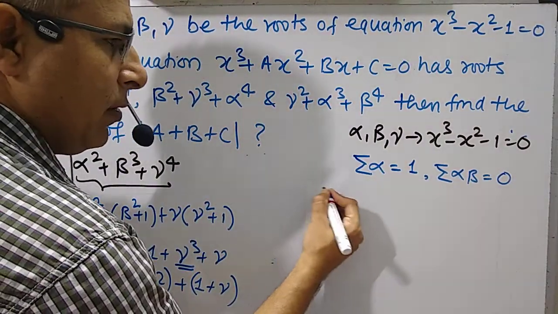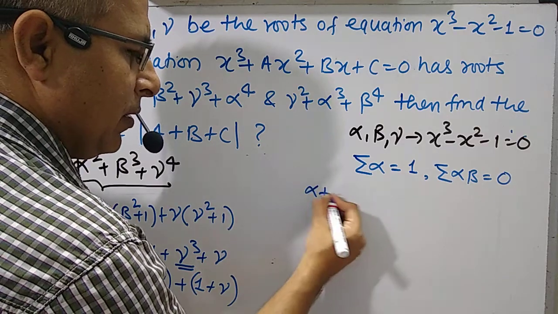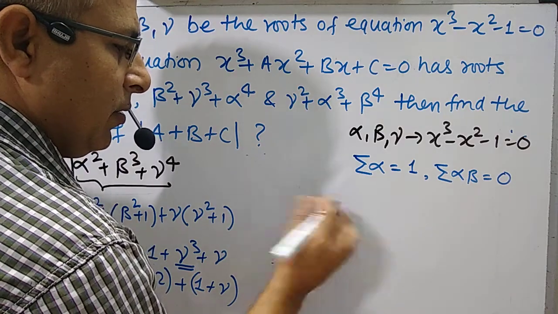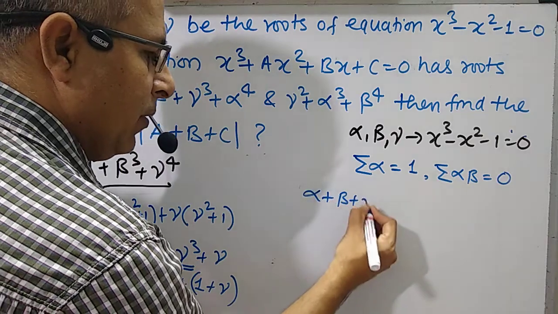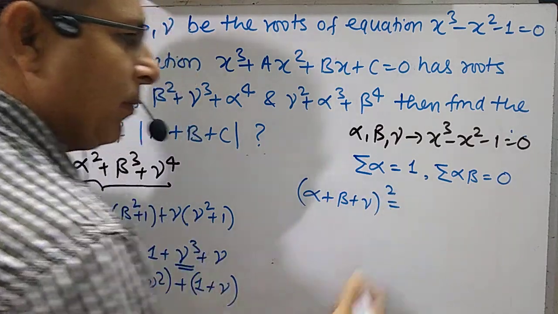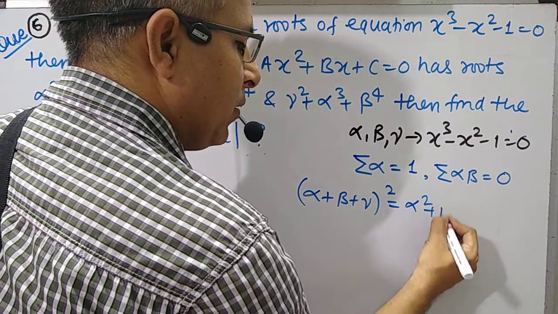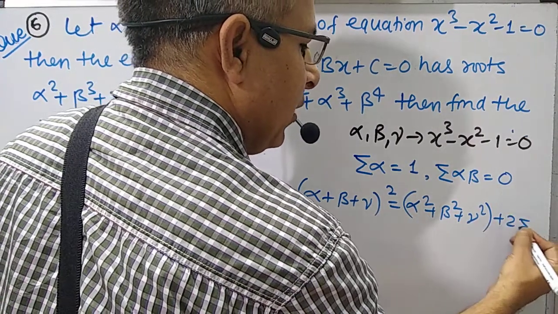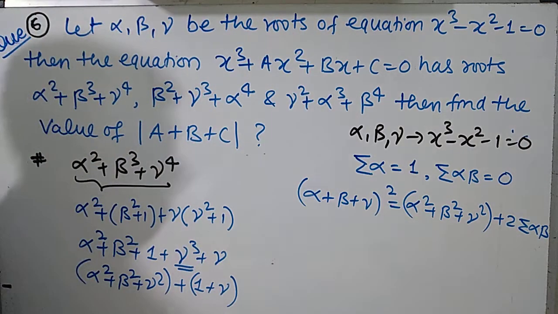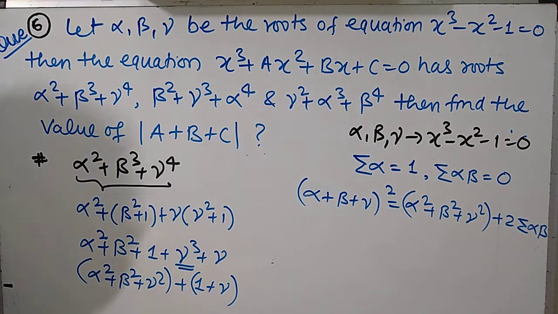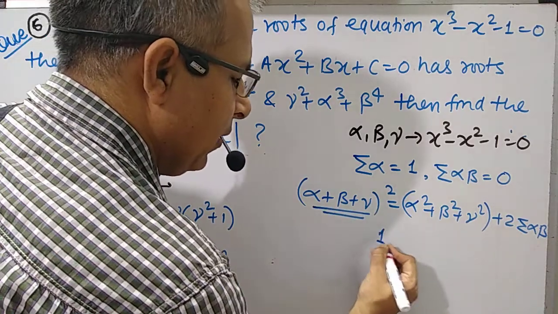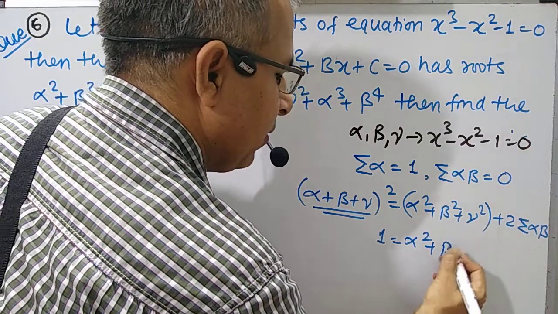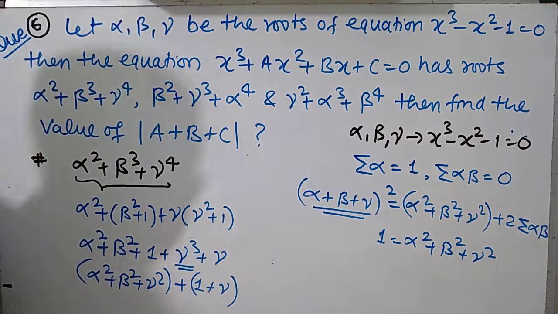So we know that alpha plus beta plus gamma whole square equals alpha square plus beta square plus gamma square plus 2 times sigma of alpha beta. Substituting the values, alpha square plus beta square plus gamma square is 1.